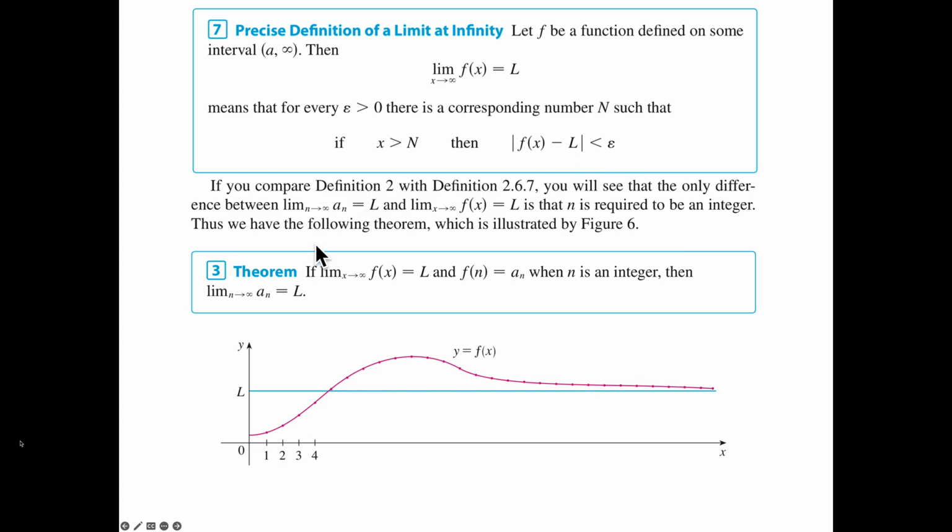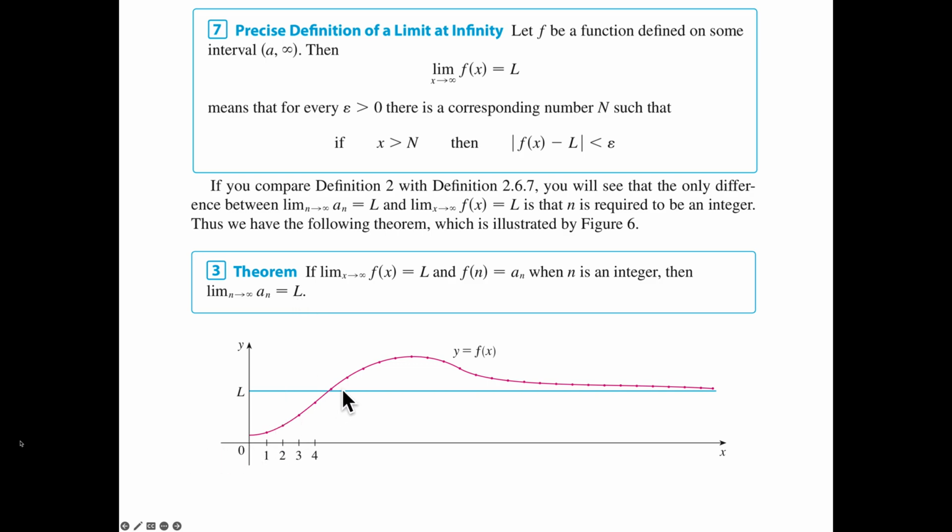So we can create another theorem that states the following: since we're used to using functions f of x for all real numbers, if the limit as x approaches infinity of f of x equals L, and f of n is equal to a sub n, where n is an integer, then the limit as n approaches infinity of a sub n is equal to L as well.